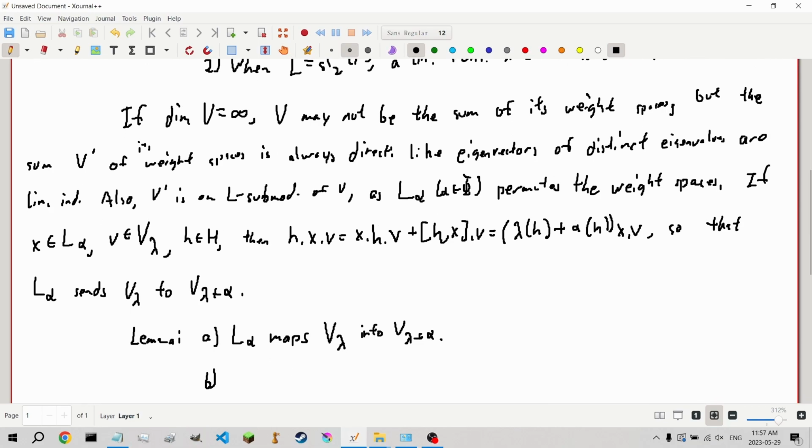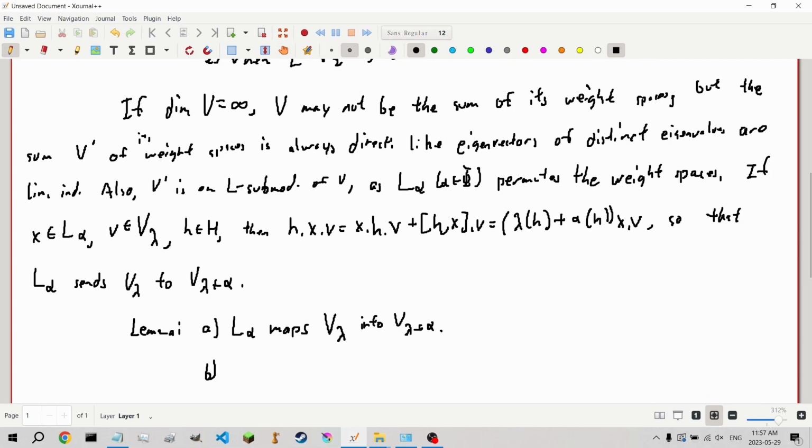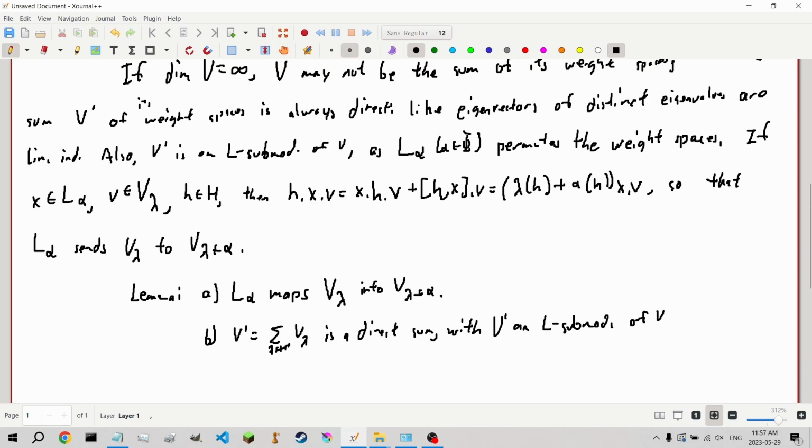Part B, V prime, the sum over lambda in H star of V lambda, is a direct sum, with V prime an L submodule of V. And part C, if the dimension of V is finite, then V is V prime.